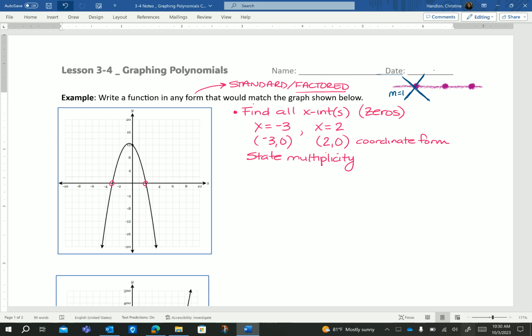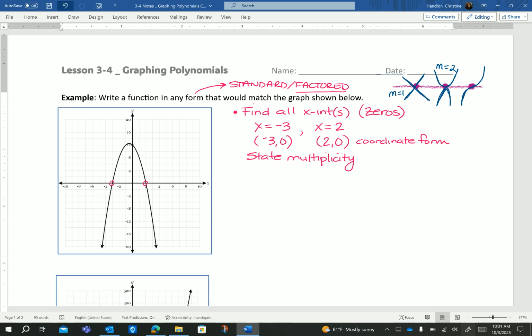If your graph approaches the x-intercept and bounces off the x-intercept, in some sort of parabolic shape, that is going to have a multiplicity of 2. Again, this is all in 3.1. And last but not least, you have the one that looks like cubic function behavior.